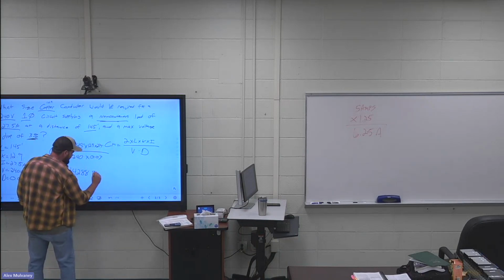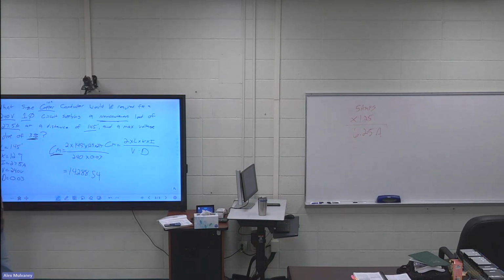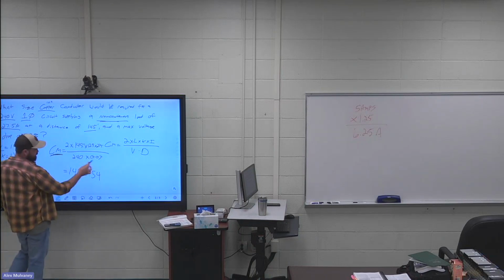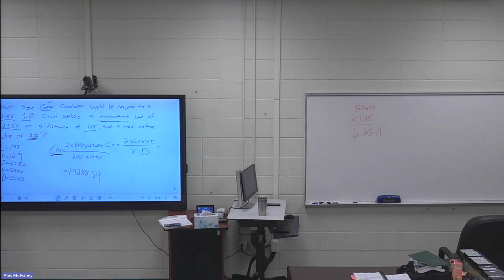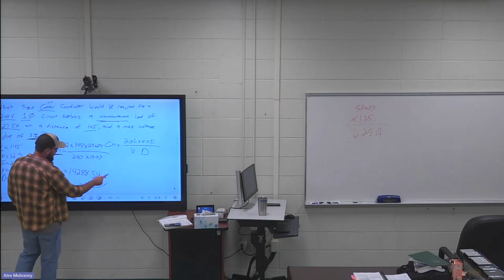Close enough. I got 0.54, which really doesn't matter. So if you didn't get that, make sure you're doing this math right here. You got your decimal point in the right spot. But yeah, this should be the answer that you got.